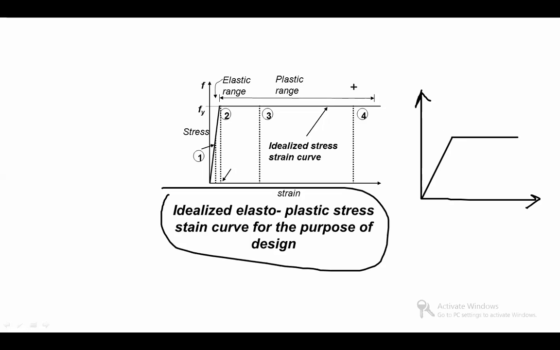This is called an idealized stress strain curve. This question was already asked in previous GATE question papers; you can refer to that. This is called an idealized stress strain curve, that is the elastoplastic stress strain curve, for the purpose of design only. It is not true, not practical, but for design purpose.